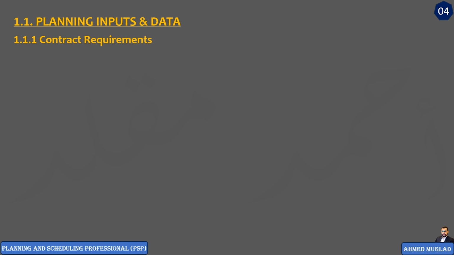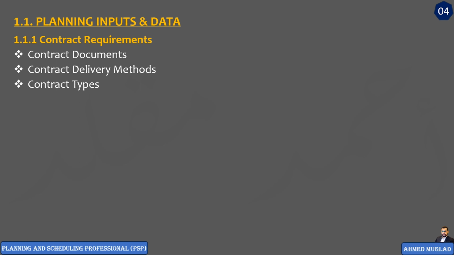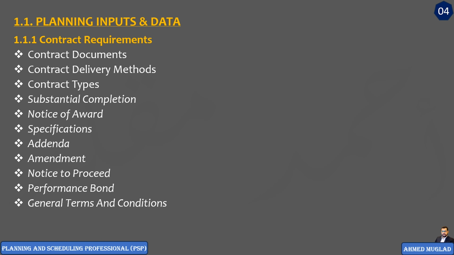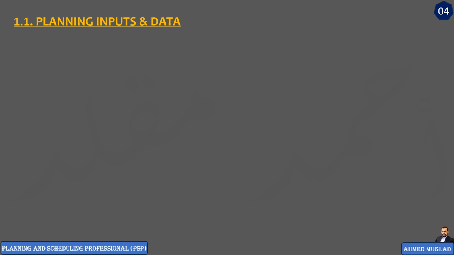But now try to test your knowledge on these: contract documents, contract delivery methods, contract types, substantial completion, addenda, notice of award, specifications, amendment, performance bond, notice to proceed, general terms and conditions, bidding documents as well, and the other definitions related to this topic. It will be a little bit long, but as of now, let's have today's discussion.